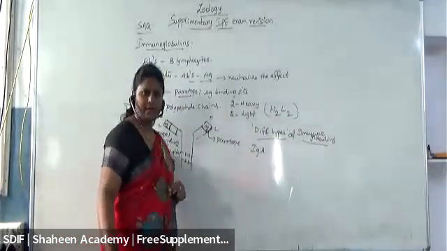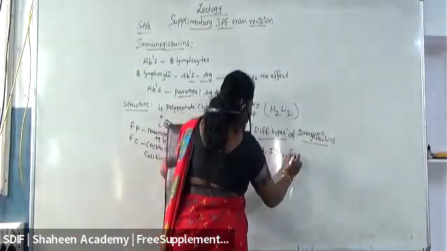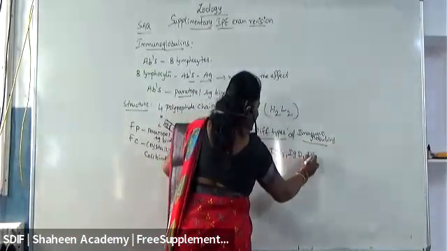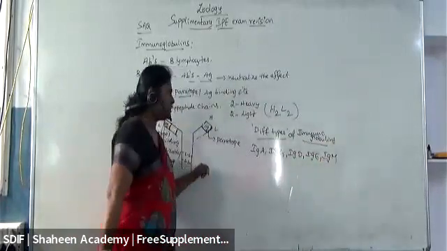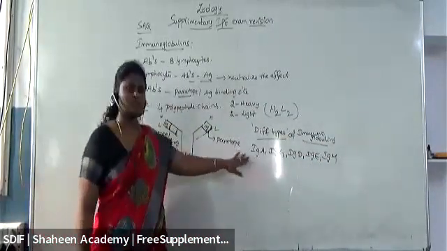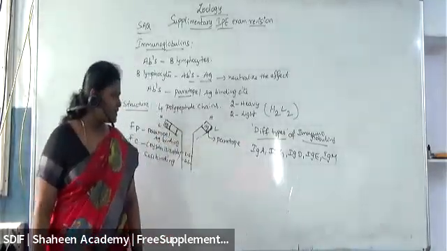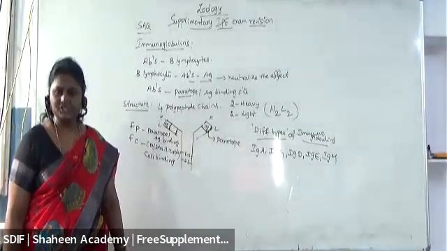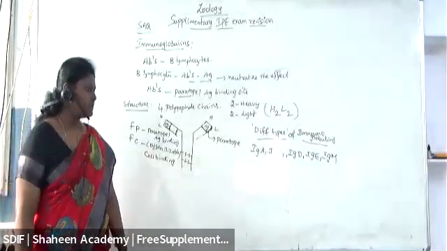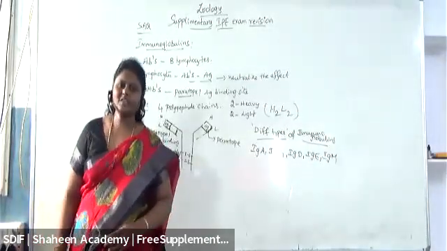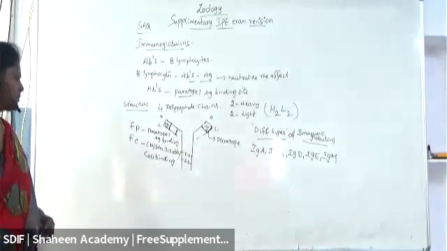Immunoglobulin A type, IgG type, IgD type, IgE type, and IgM type. Each type of antibody will exhibit a specific type of immunity. So totally there are 5 specific types of antibodies.